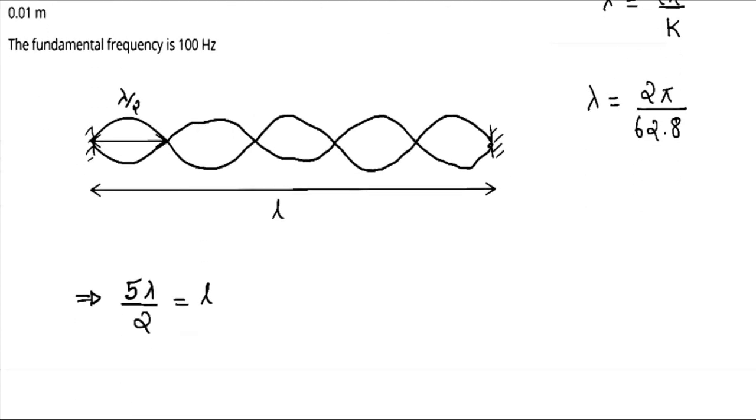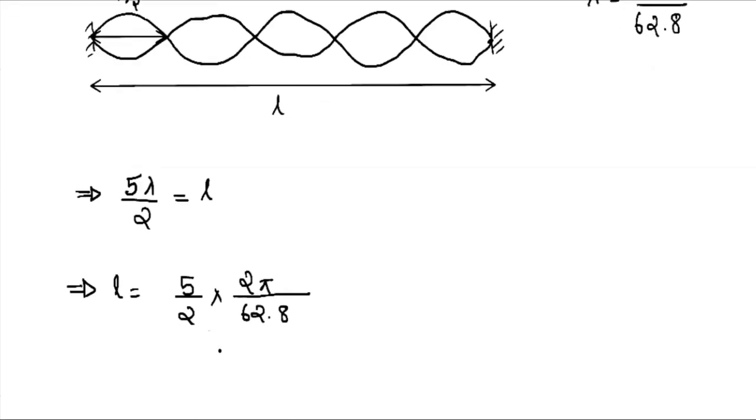If we put lambda in the equation, we can calculate L. So L will be 5 by 2 times 2 pi upon 62.8. We put the value of pi as 3.14, 2 will get cancelled out, and after simplification L will be 0.25 meters.